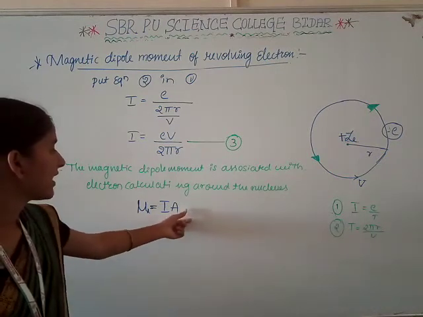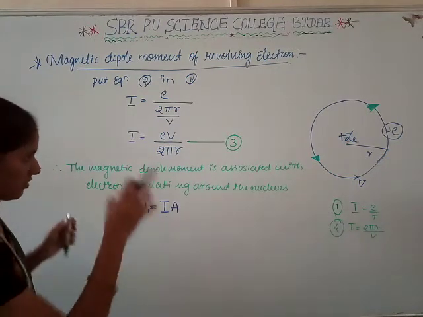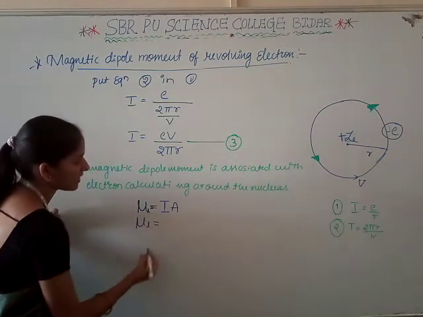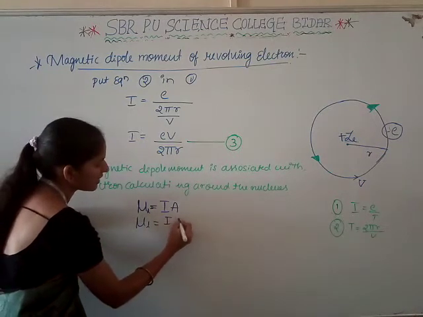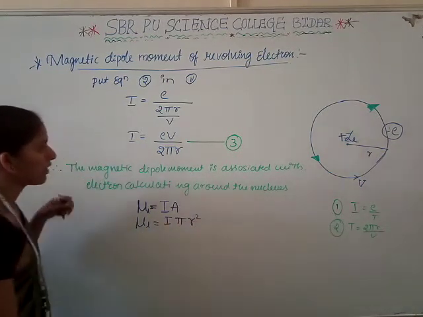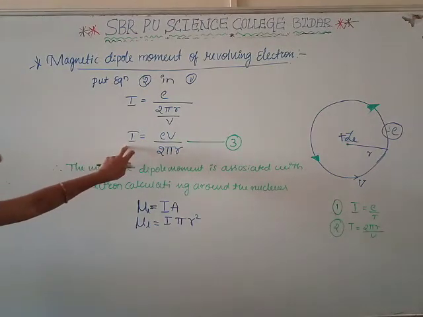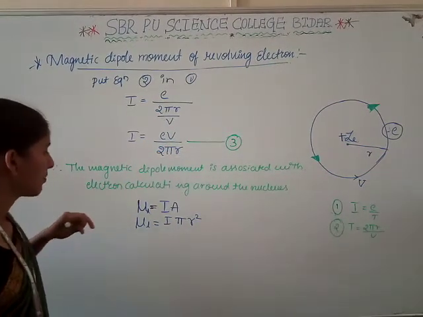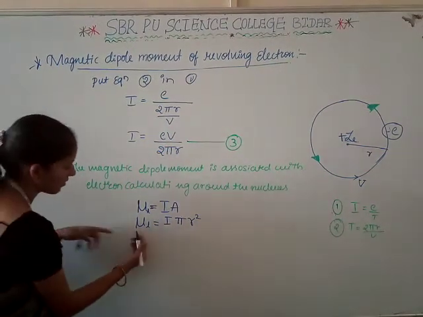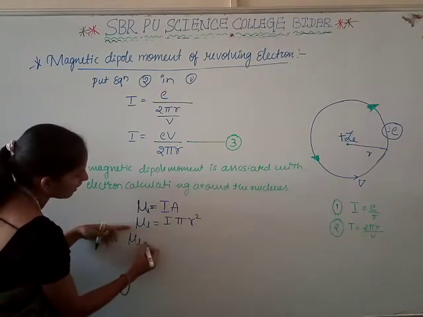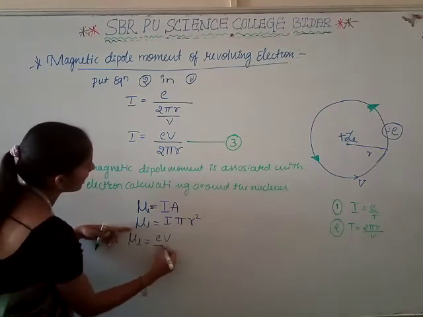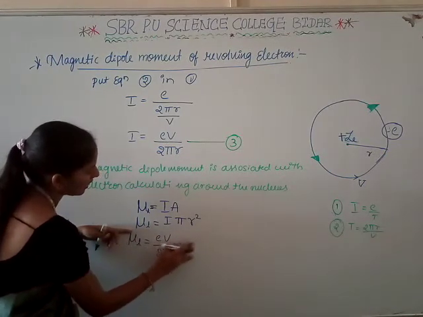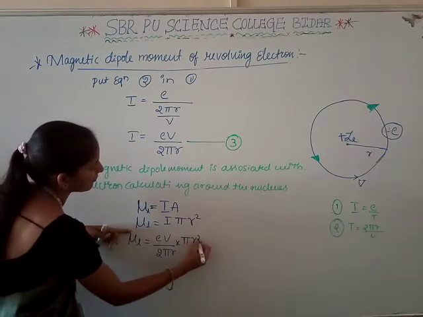I is the current, A is the area of the circle. A is equal to pi r square. We know the value of the current, I is equal to EV divided by 2 pi r. Put equation 3 in this one: EV divided by 2 pi r into pi r square.